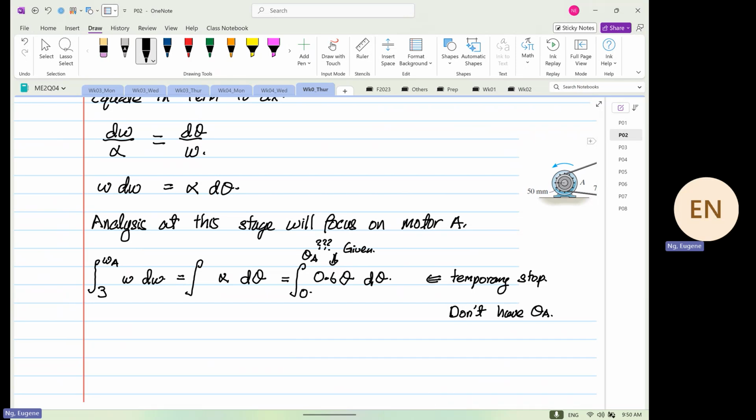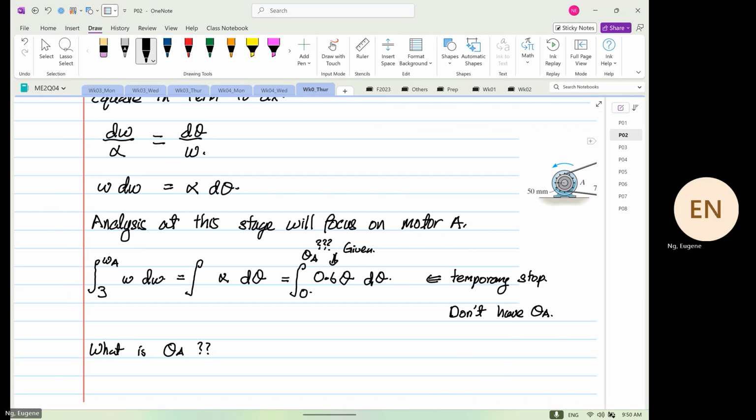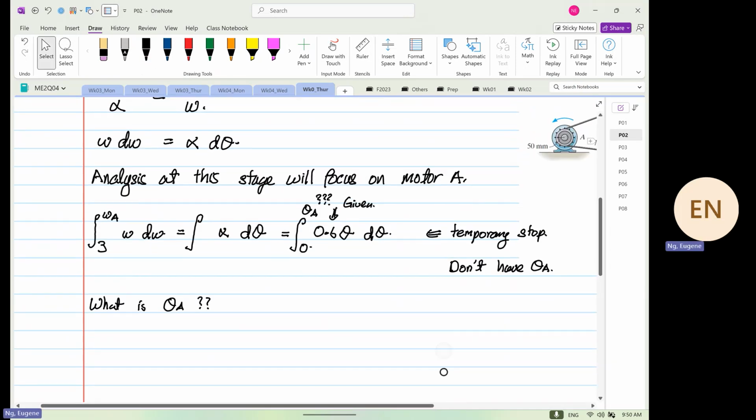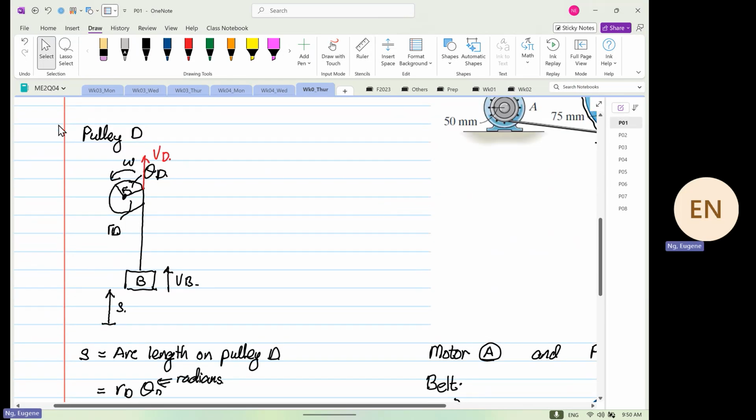What is theta A? So to get theta A, we now have to relate this. I'm going to copy this so I don't need to flip around.